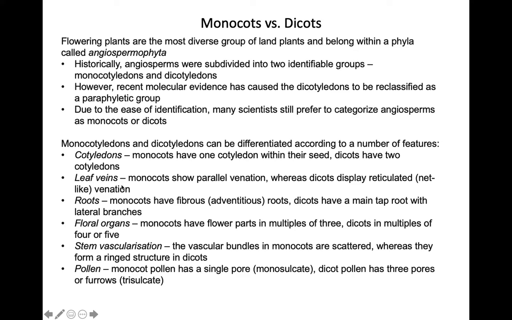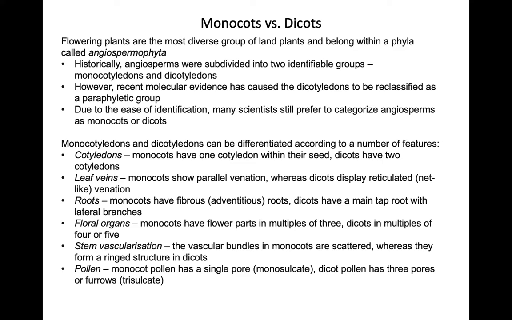Leaf veins, so in monocots, they generally show a parallel venation, whereas dicots tend to be reticulated, which is more net-like. And when it comes to roots, we know monocots have more fibrous roots, whereas dicots tend to have a longer and thicker tap root with some lateral branches.